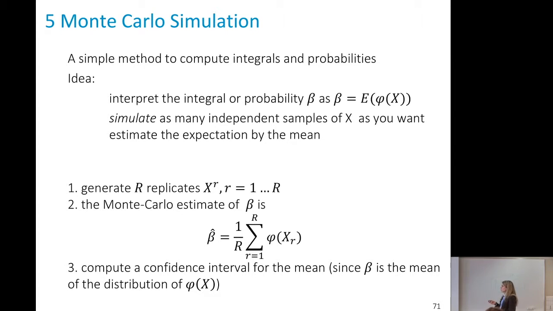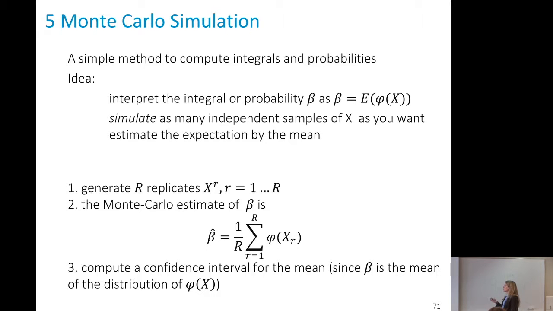So the idea of Monte Carlo is that we want to compute beta here, which is an integral or a probability. And the first thing we do is that we express it as an expected value. So beta equals the expected value of phi of x.